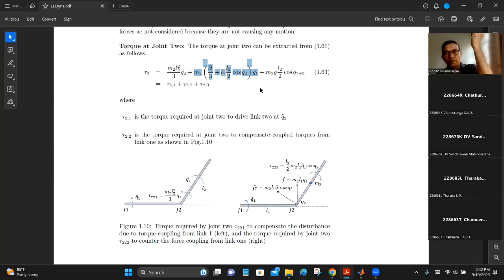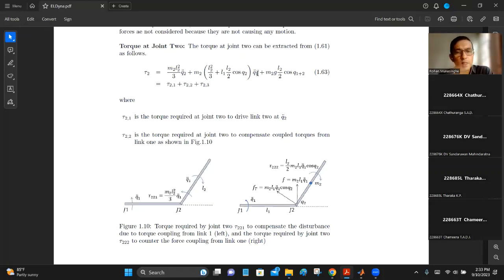There are some disturbance torques coming from the previous link to this one. And that is why the term has Q1 double dot. Q1 double dot is the first link, this one. Because of the acceleration of the first link, there are some disturbing torques on link 2. And it has to be cancelled out by producing an opposing torque at joint 2.